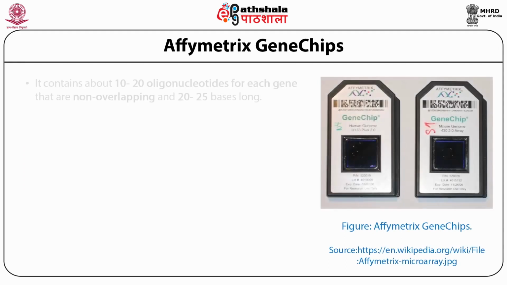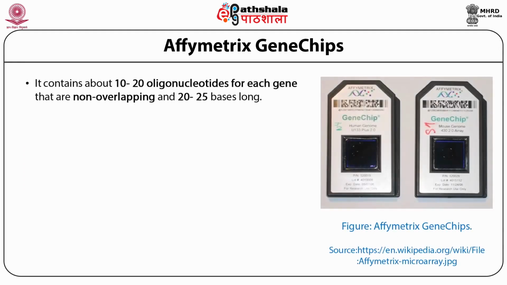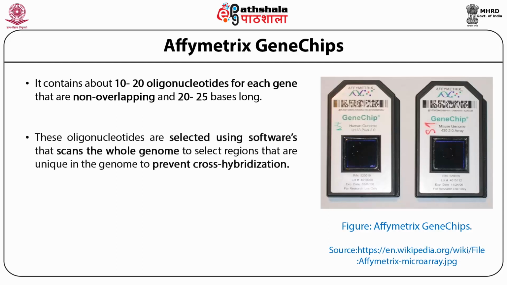Affymetrix GeneChips. It contains about 10 to 20 oligonucleotides for each gene that are non-overlapping and 20 to 25 bases long. These oligonucleotides are selected using software that scans the whole genome to select regions that are unique in the genome to prevent cross-hybridization.